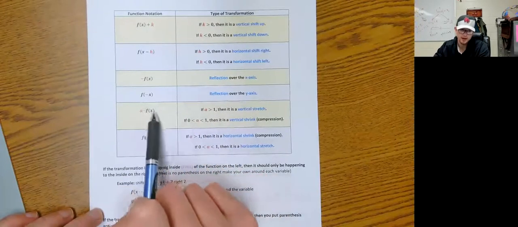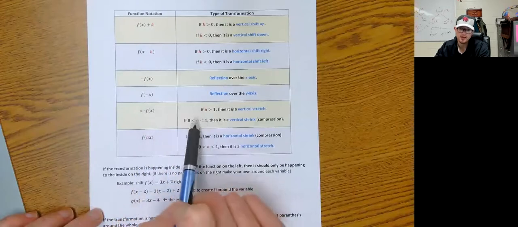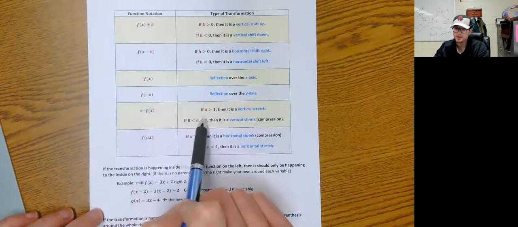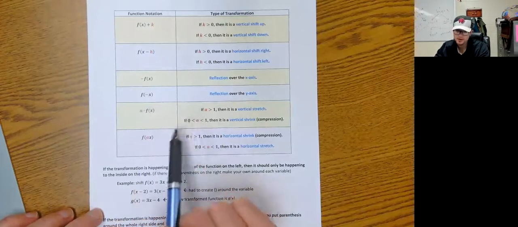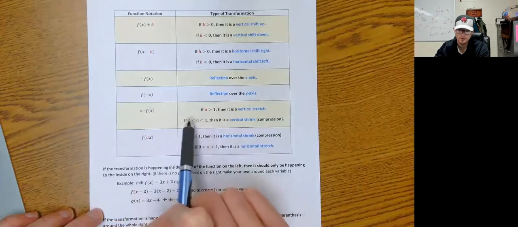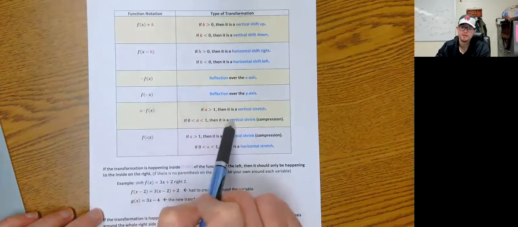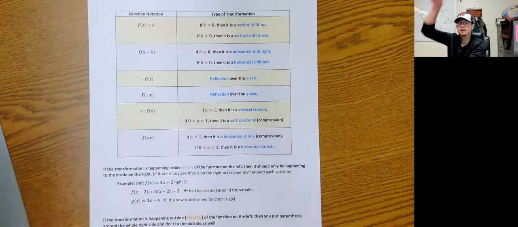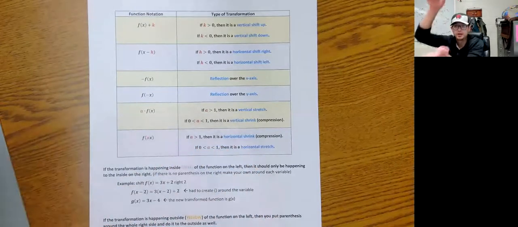If we multiply the entire function by a value that is between 0 and 1, so like 1/2, 3/4, 0.235, any positive number between 0 and 1, then that would be a vertical shrink or a compression. It's going to get flattened vertically.